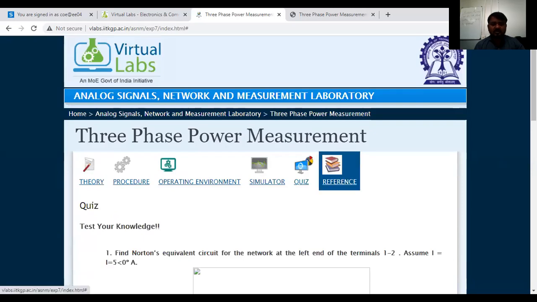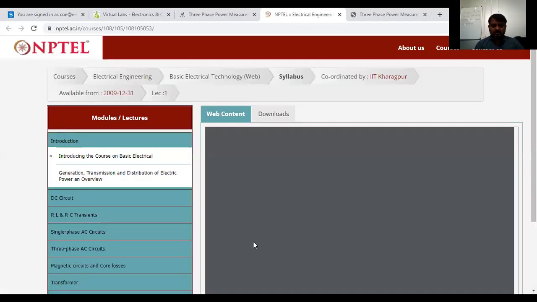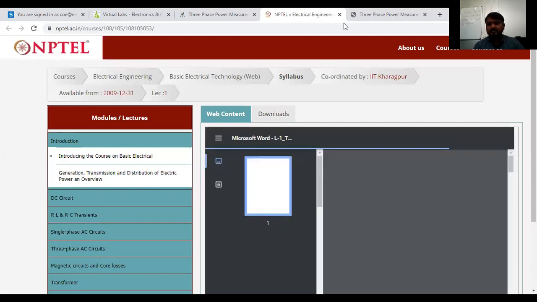They have taken some references, meaning they have given the book name here now. The A. Chakrabarti book they have used, and they have even added the NPTEL video. You can click on that video and see the complete explanation. For all the loads they have explained here.